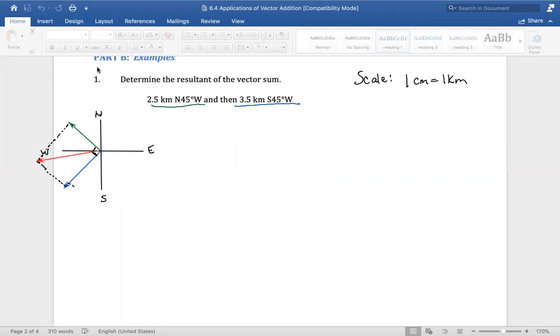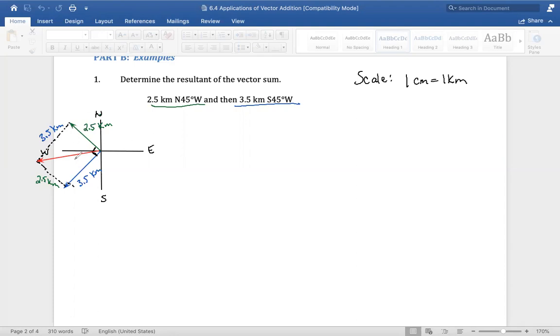So let's put in our values. This green vector is 2.5 kilometers, and this blue vector is 3.5 kilometers, which means that the opposite sides would be the same: 3.5 kilometers and 2.5 kilometers. All right, so to solve now for my resultant, it's really up to us.